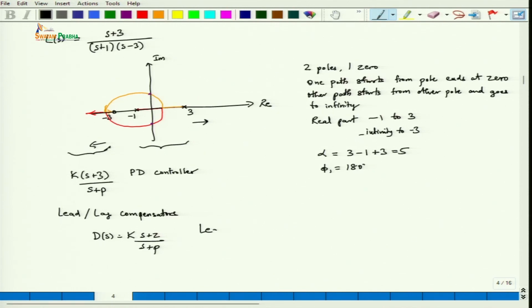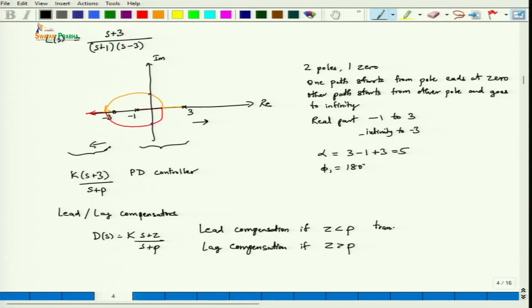This is a lead compensation if z is less than p, and it is a lag compensation if z is greater than p.